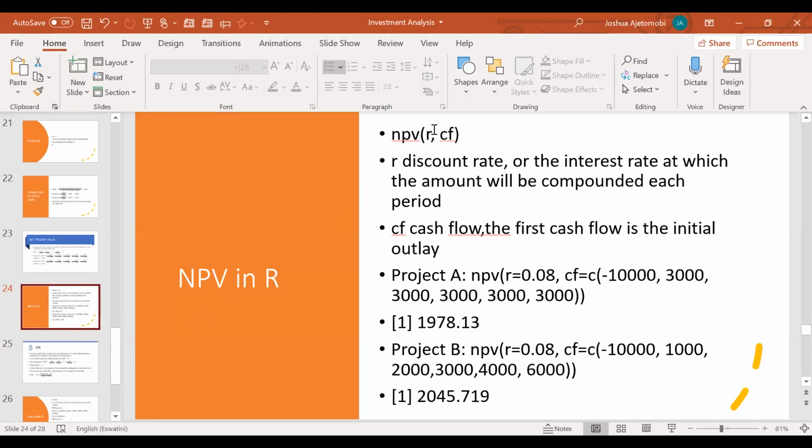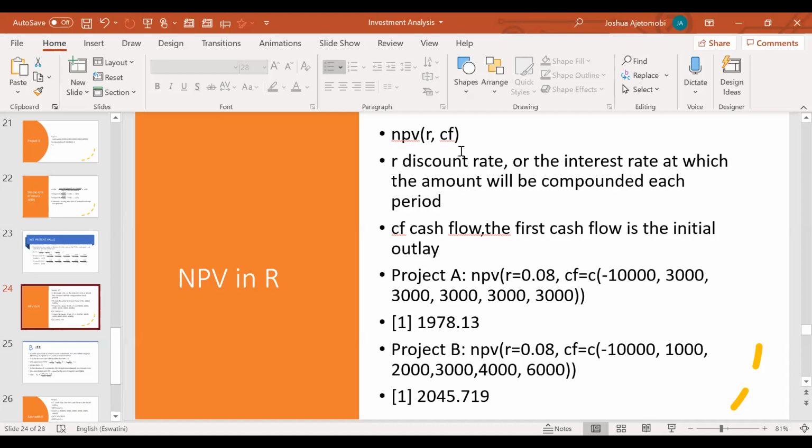But how to do it using the software is very, very simple and straightforward. What you just need is the interest rate, then the cash flows. But take note of one thing. Your first cash flow must be negative, which is the initial outlay. Your initial one must be the cost of the investment, and it must be negative.